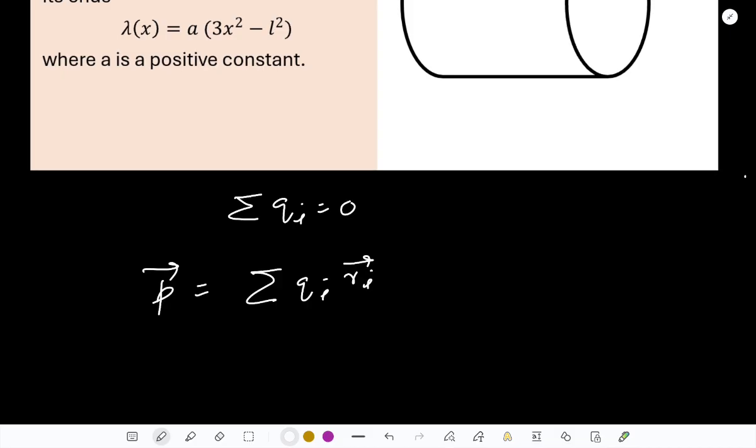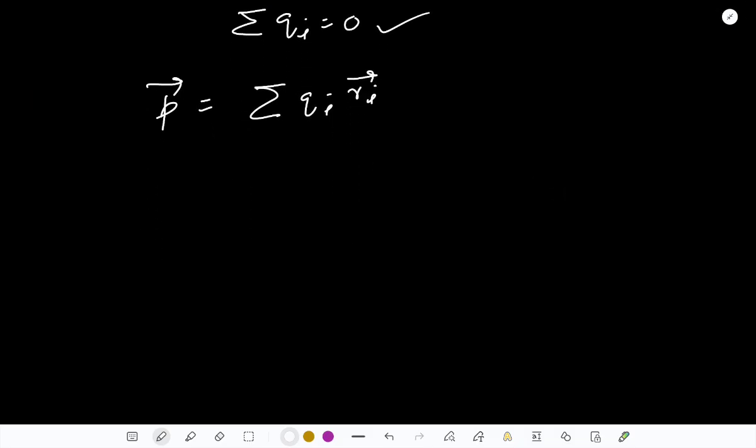And this is the basic principle, with the condition that the net charge is zero, that means you have to assure first that the system is neutral. In various cases, like in the case of a linearly distributed charge, suppose the charge distribution is lambda.